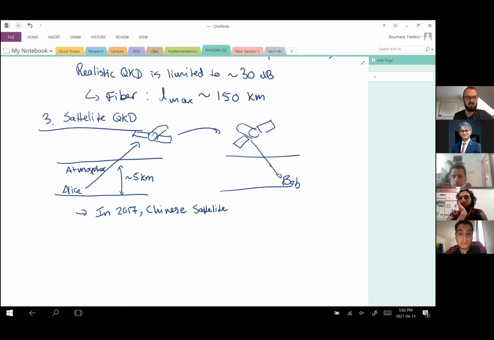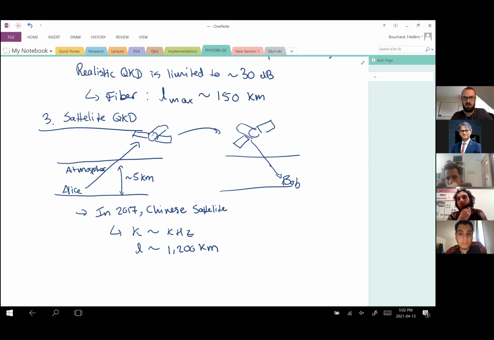People have been talking about QKD with satellites for a long time, but quite recently, in 2017, there's the Chinese group that sent a Chinese satellite. Here are some numbers. They were able to get up to kilohertz secret key rates, and the distance was about 1,200 kilometers. So as you can see, this is at least 1 order of magnitude better in terms of distance compared to fibers.